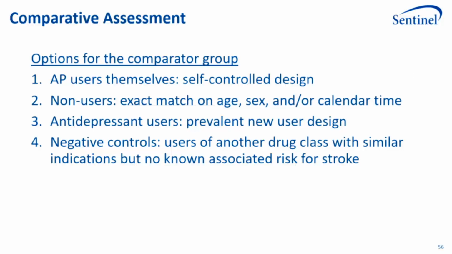So we moved on to option 2, the non-users. We considered exact match on age, sex, and/or calendar time. Exact match is now a function within CIDA, but it was not available back in 2016 when FDA brought this question to us.